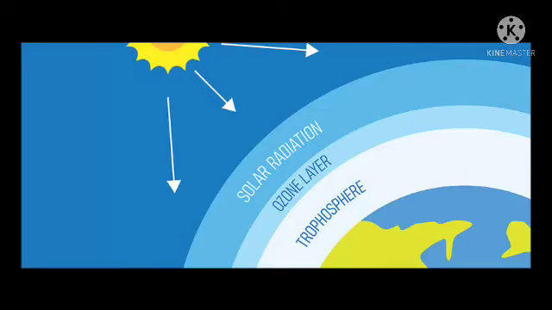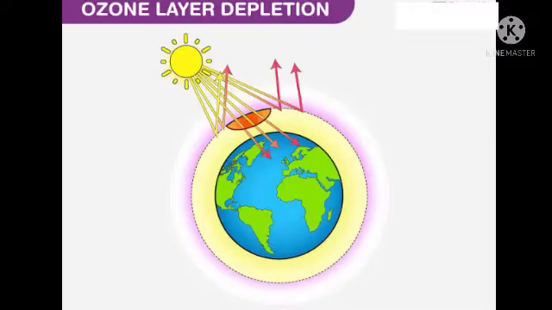The ozone layer present in the higher layer of the atmosphere protects the earth from the harmful UV radiations from the sun. The ozone layer is being damaged by the use of chemicals like chlorofluorocarbons used in refrigerators and fire extinguishers.